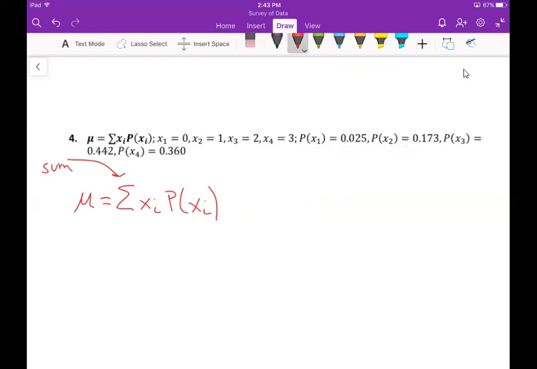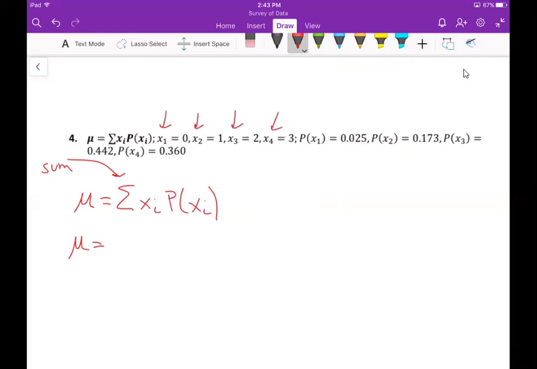What this means as you break it down is that mu equals the sum over the index i, means we're going to change that index. It's going to start out to be 1, then 2, then 3, and it goes on for however many we have. You'll notice here we have an x1, an x2, an x3, and an x4.